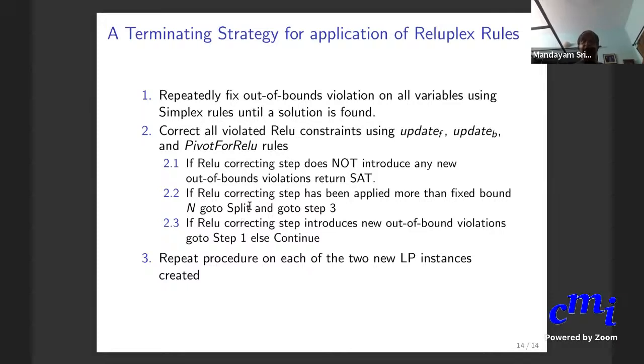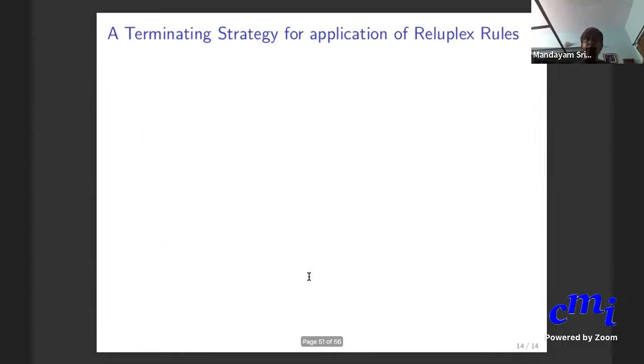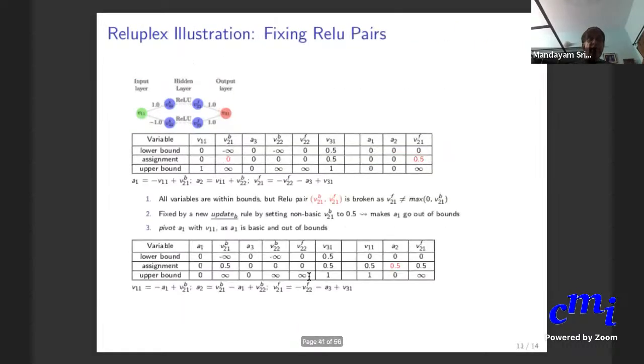But if you have exhausted the iteration a certain number of times and still you're unable to fix all the ReLU constraints, then you split it into 2 LP instances on a selected ReLU. As I pointed out earlier, each time you split, you will be creating 2 LP instances, as I showed earlier, and I will show it again.